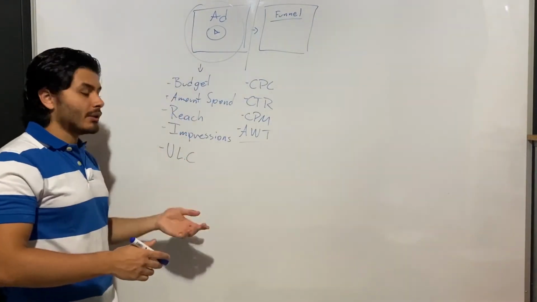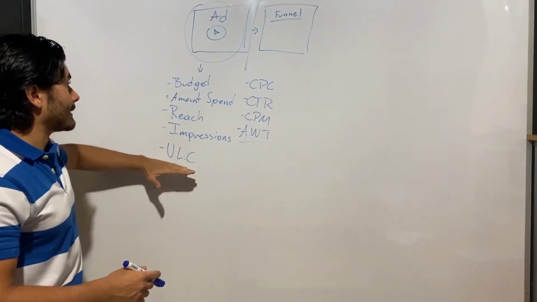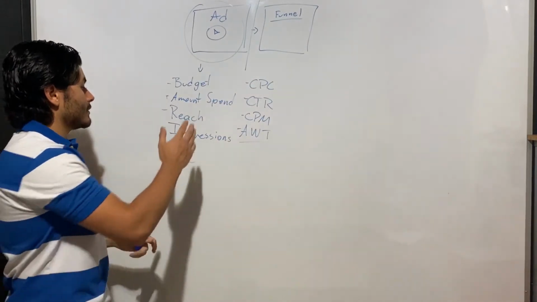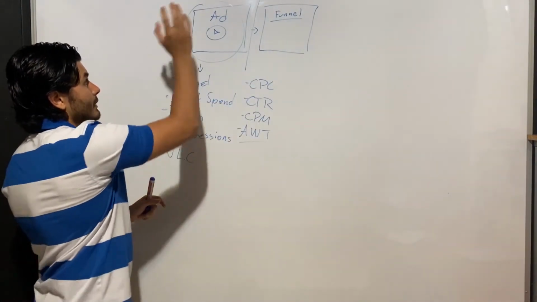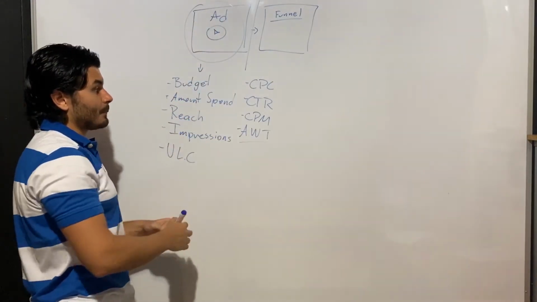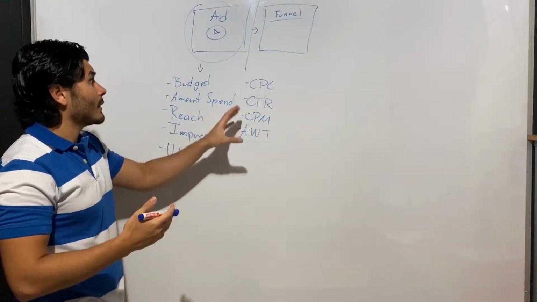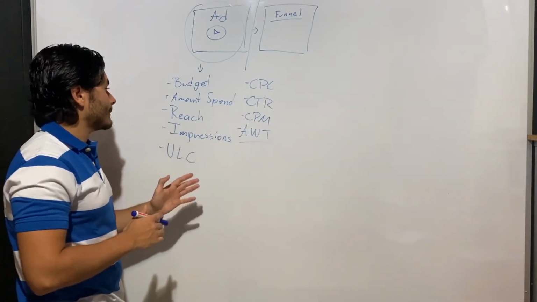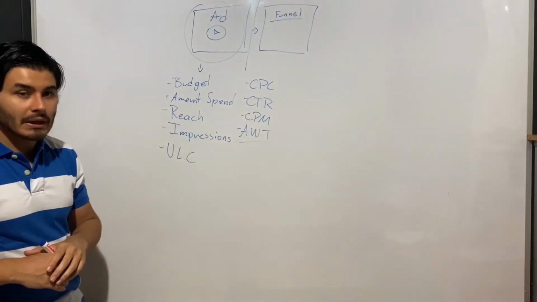For example, the unique link clicks will give you the clicks from your ad, cost per click shows how much it costs for a person to click on your ad, CTR shows if there is enough interest in your ad or people are not very interested, how many people we are reaching, etc.